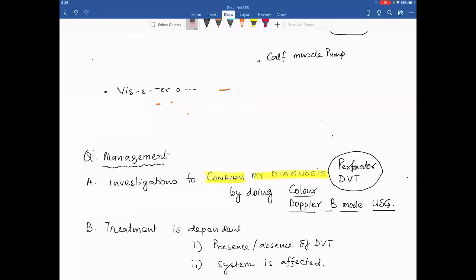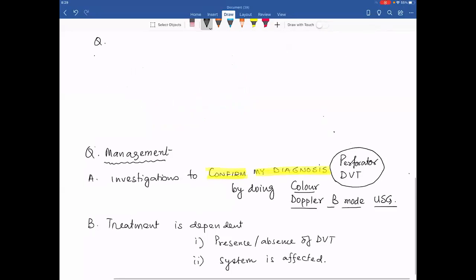Next question. If the patient is picked up to have a DVT, then how does it change your treatment? If the patient has DVT on a Doppler, how does it change your treatment?